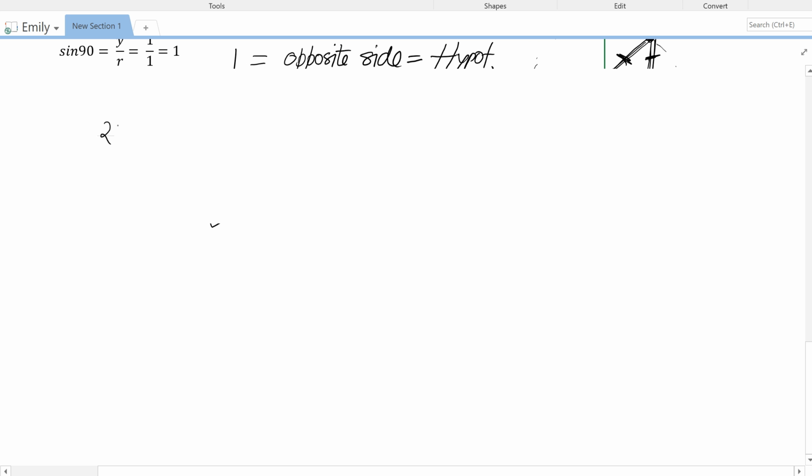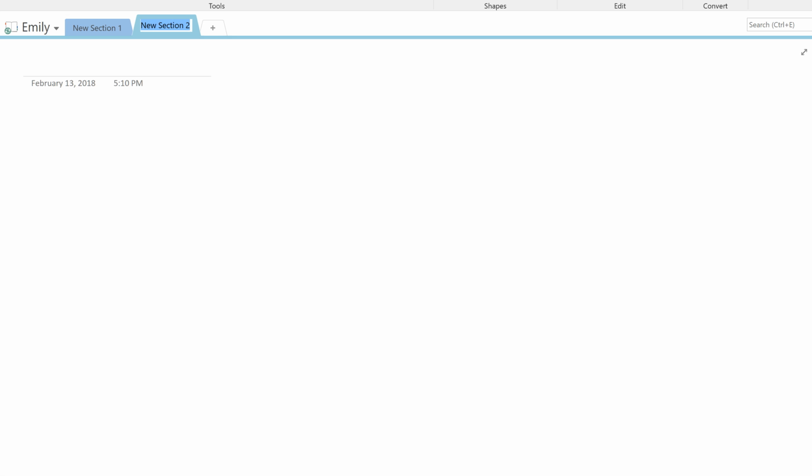So we have 220 degrees. We want to convert it to the radians, right? Now you have to know the conversion that 180 degrees equals pi radians.